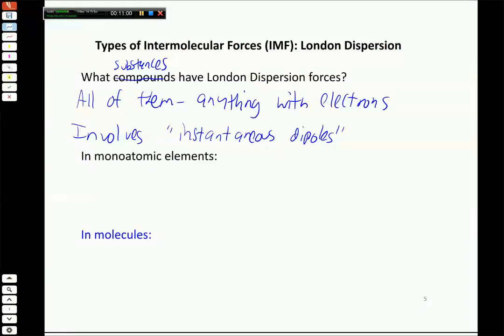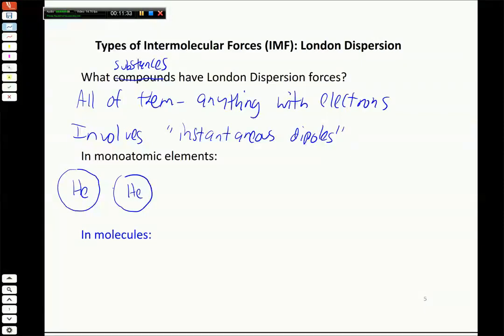The way instantaneous dipoles work is, let's say we have a monoatomic element like helium, a very simple substance, and we know from earlier in the course that the electrons in helium reside in a 1s orbital. The 1s orbital is spherically distributed on average, so on average we would expect the electron density to be completely spherical, completely equally distributed, and there would be no polarity associated with helium. It's a completely nonpolar substance.